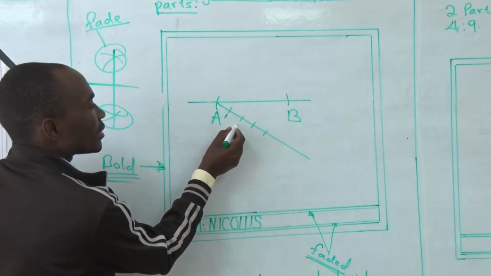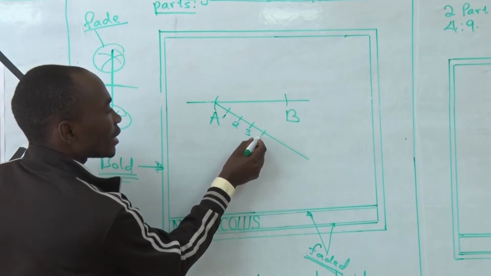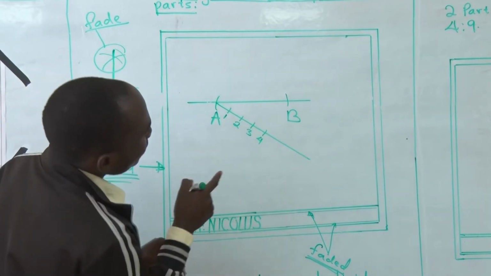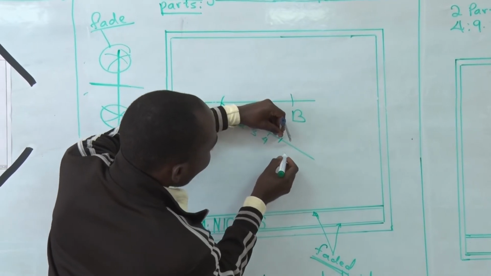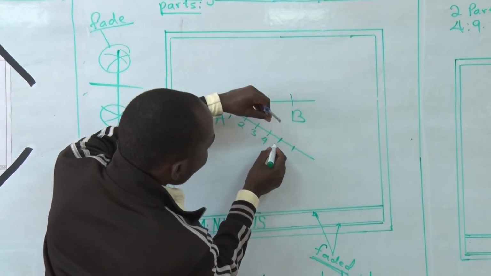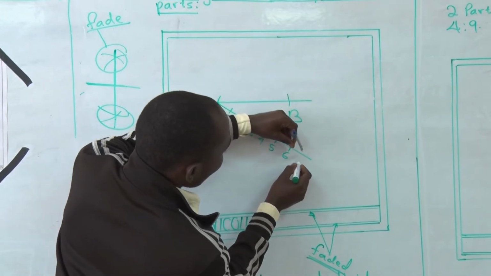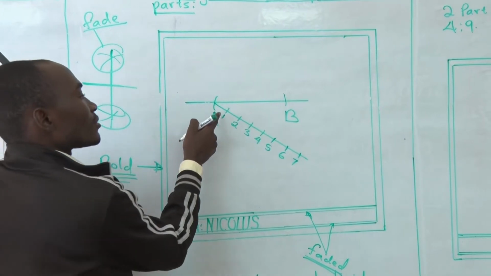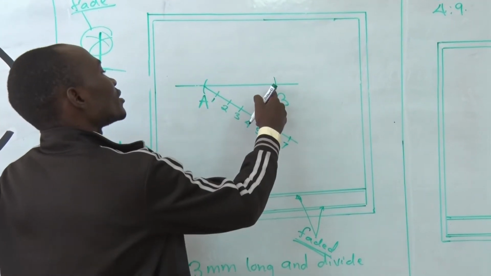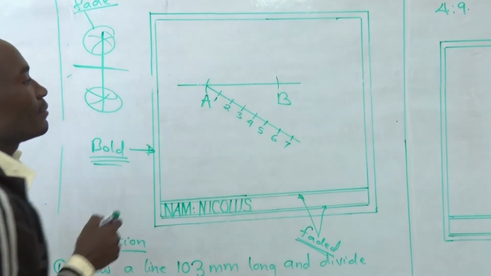This is number 1, 2, 3, 4. So we need 3 more. You make another arc, this is 5, 6, 7. This is what will assist you to subdivide this other line.